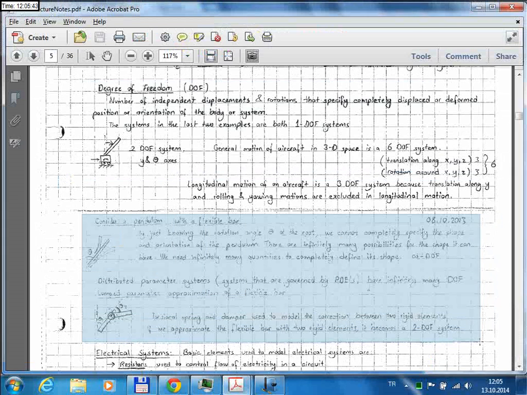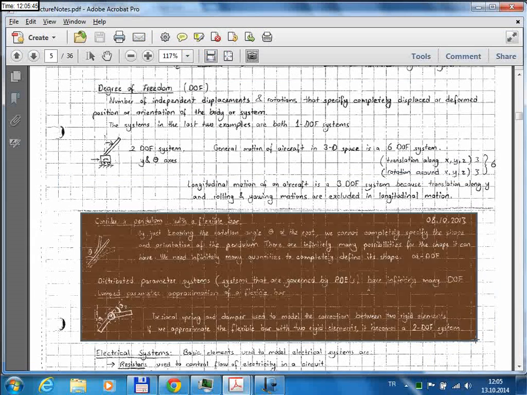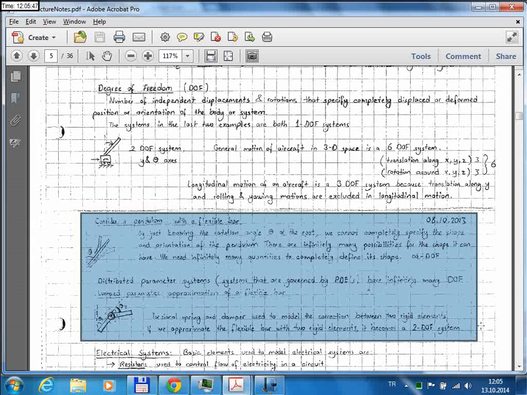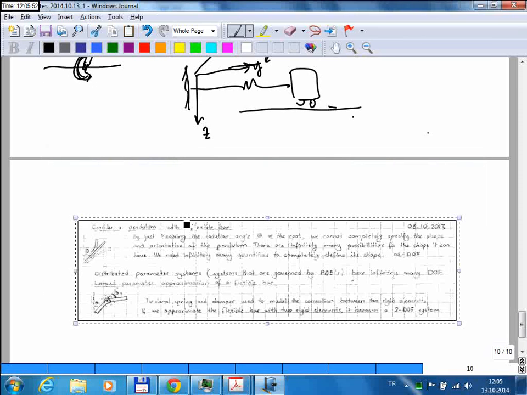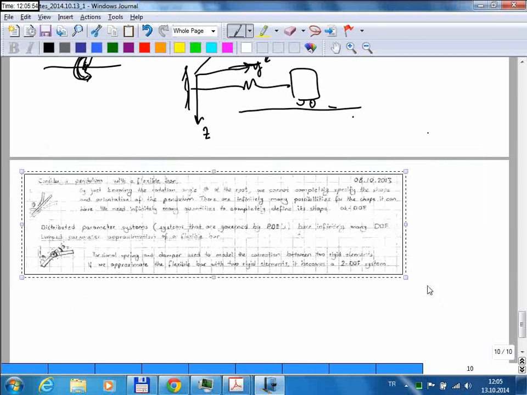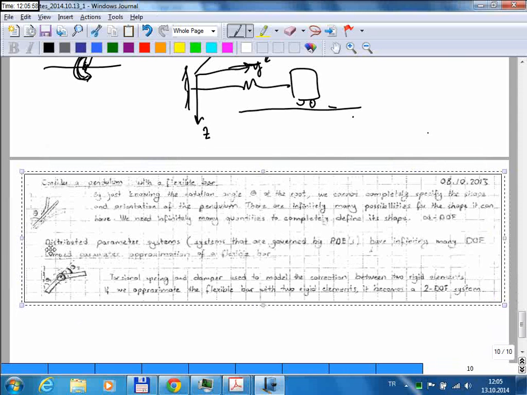So if you consider, instead of a rigid pendulum, a flexible pendulum, then you have a different situation. If you have a flexible bar, then when you take a picture of that while moving, you can't just express the entire picture by using 1 rotation only, because depending on how it was moving, it will have a deformed shape, right?